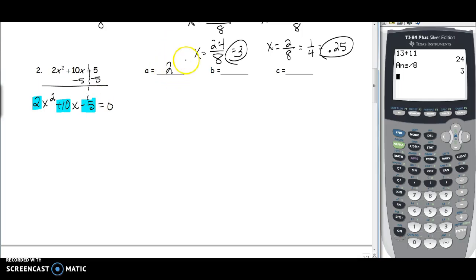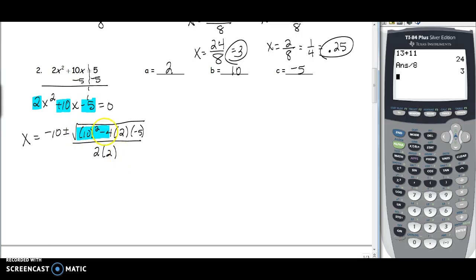So A is 2, B is 10, and C is negative 5. So we have x equals the opposite of B, so negative 10, plus or minus the square root of B squared minus 4AC, all over 2A.